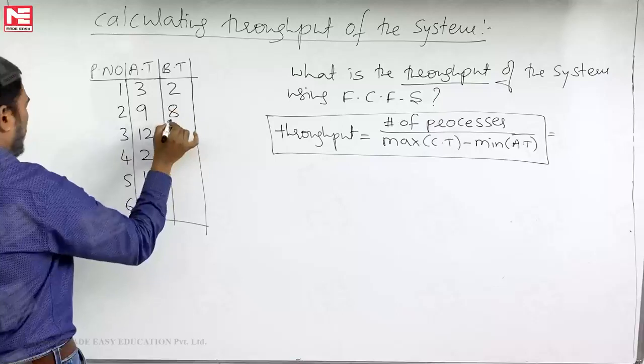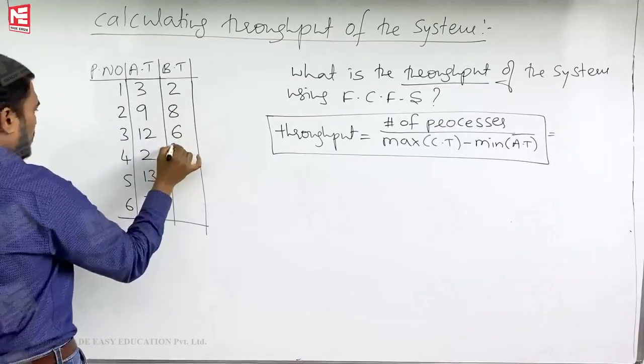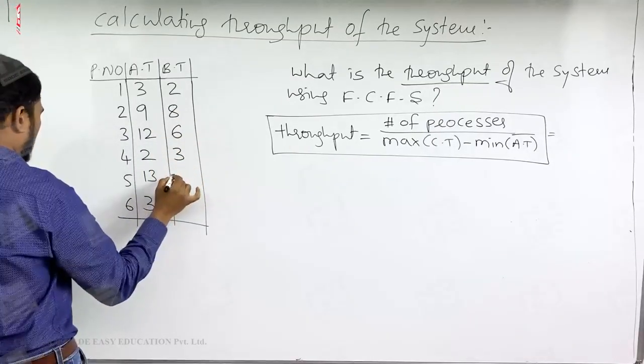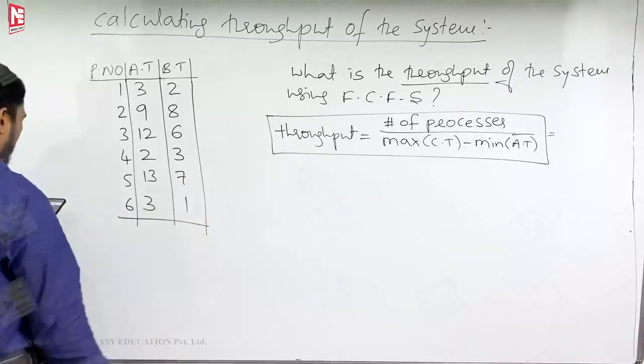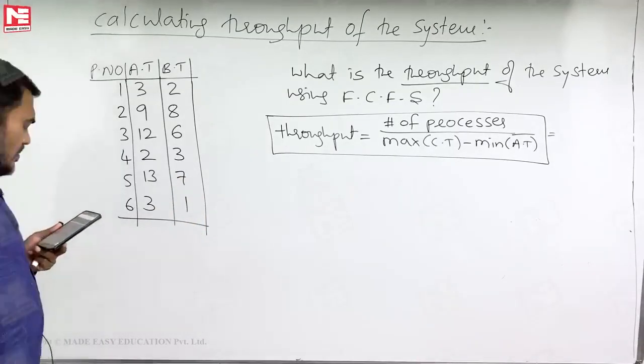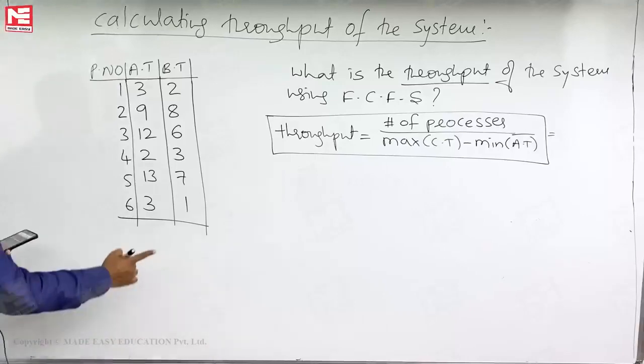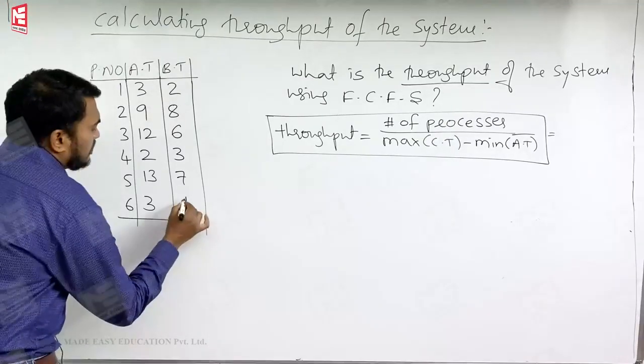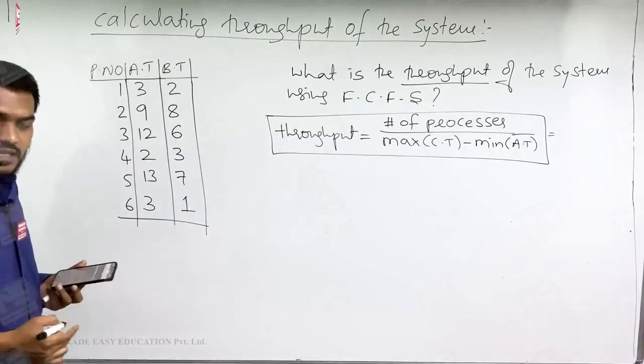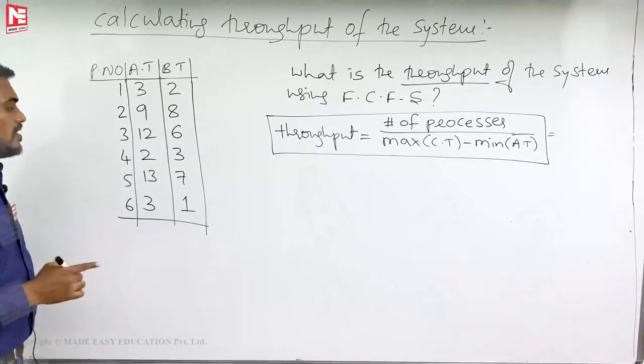So that is 2, 8, 6, 3, 7, 1. Just copy this question. Same thing I want to find out. What is the throughput of the system using FCFS? Please copy the question carefully.